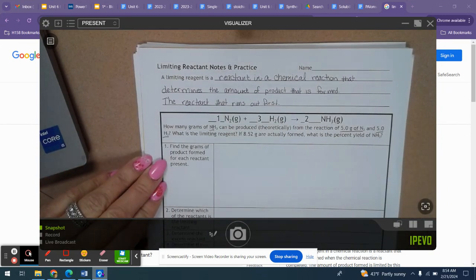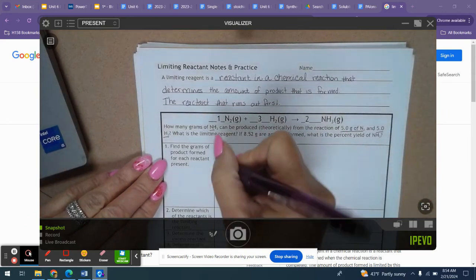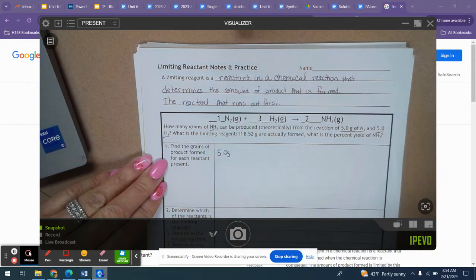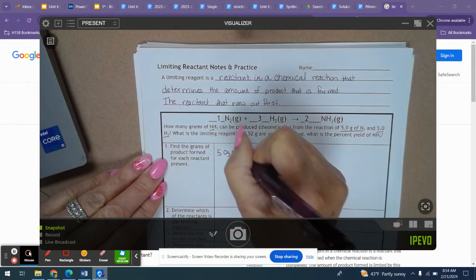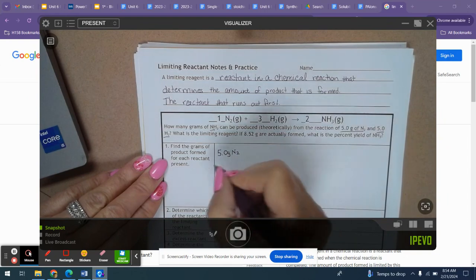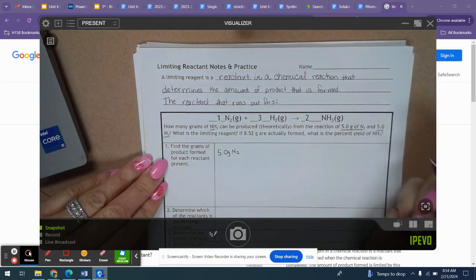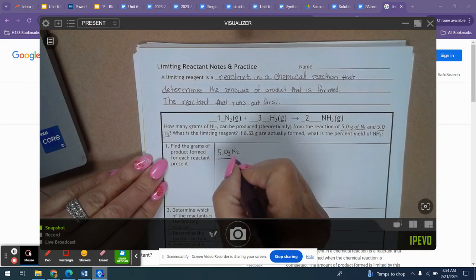My first one, I'm going to start with 5 grams of nitrogen, N2, and I want to figure out how many grams of NH3. It's going to be a 3-step problem.